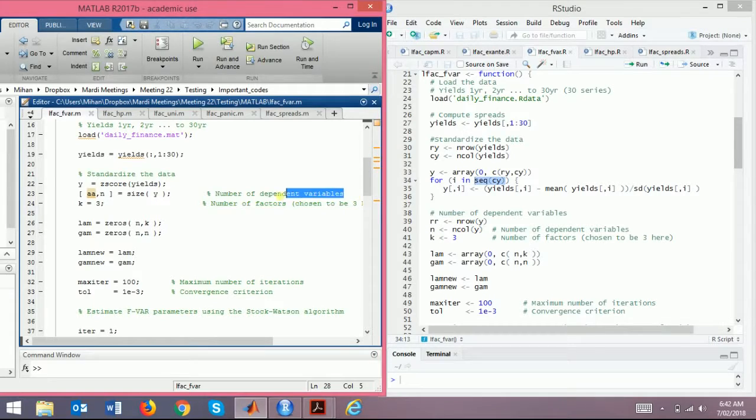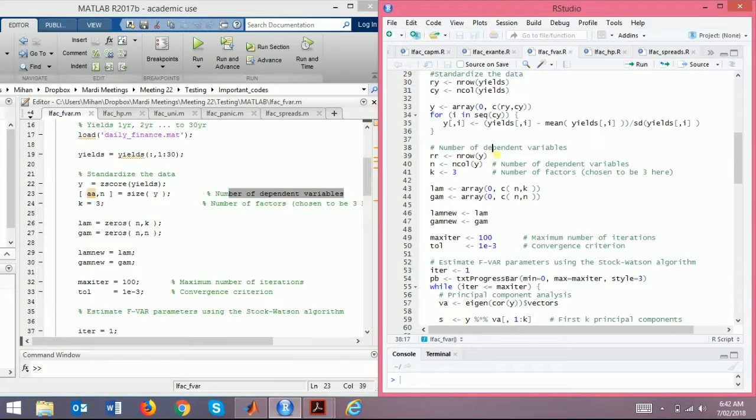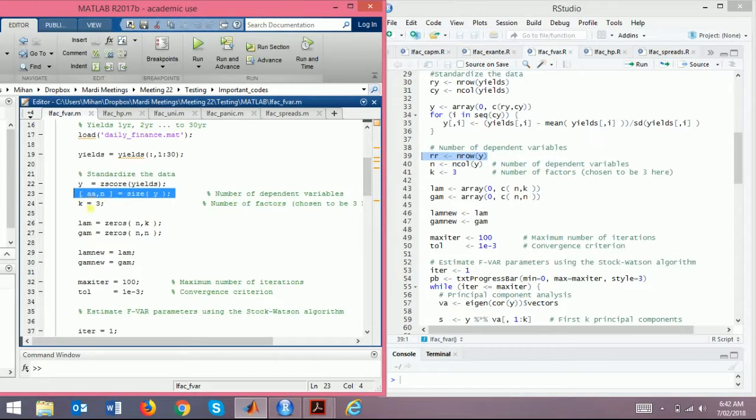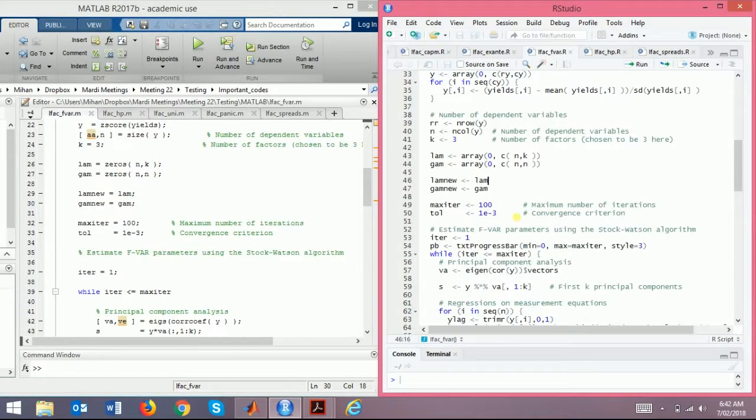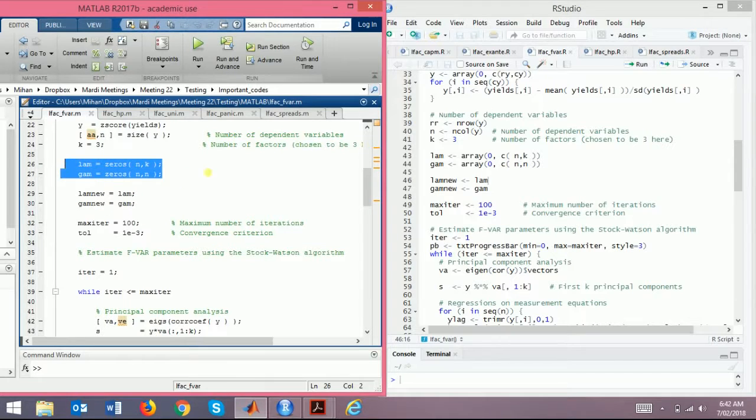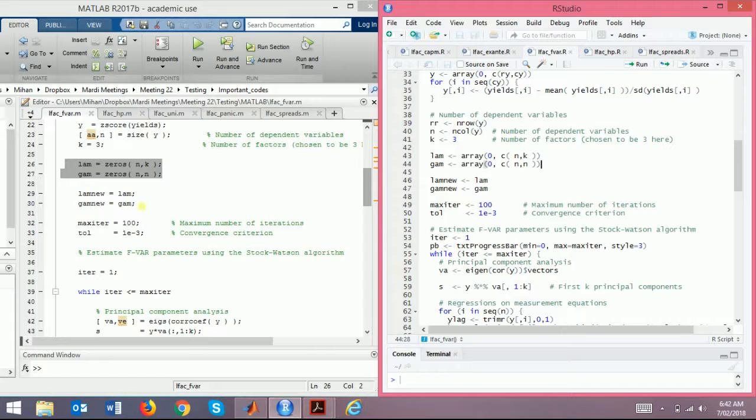So the number of dependent variables we have is the number of rows and the number of columns, and k is equal to 3 factors, because what do we want to capture? We want to capture level, slope, and curvature. And then we'll have to find the lambda and gamma many times, but we will define the zeros later depending on what we need.